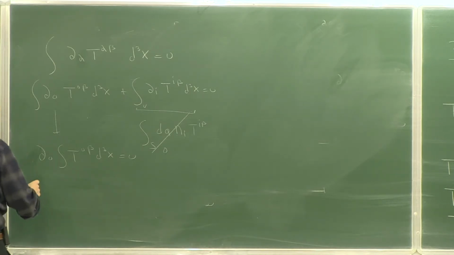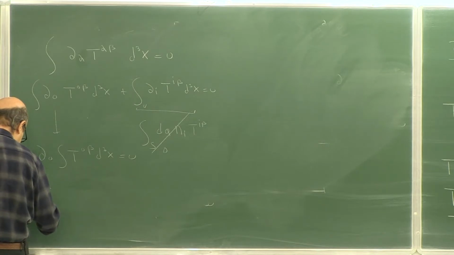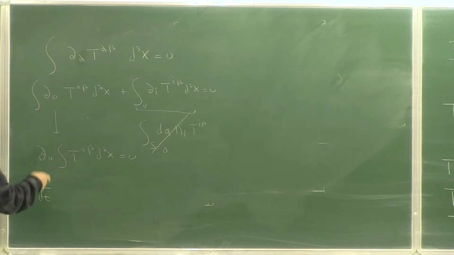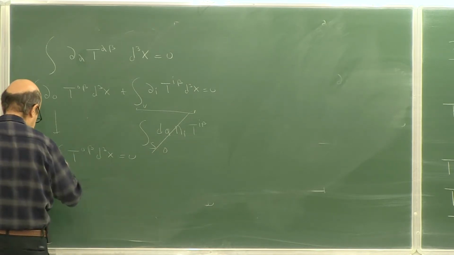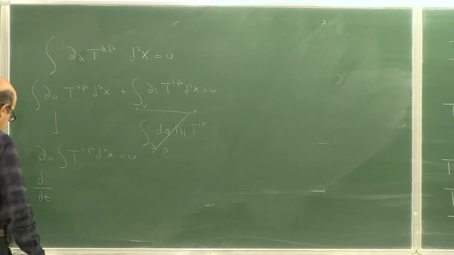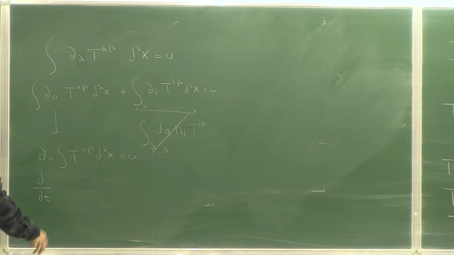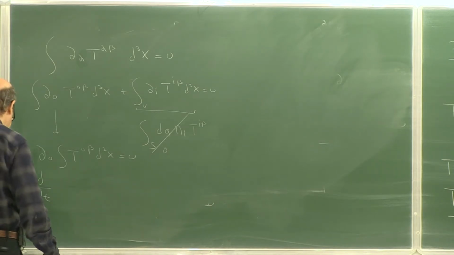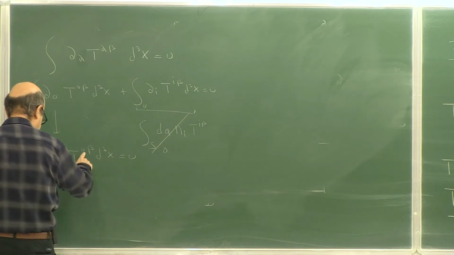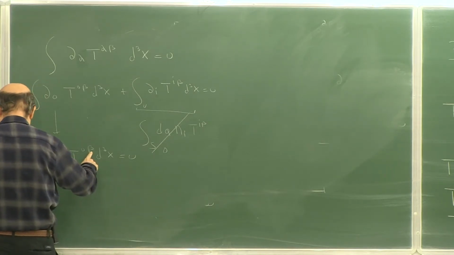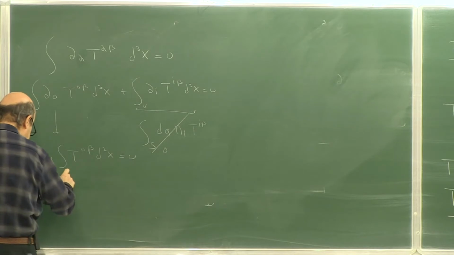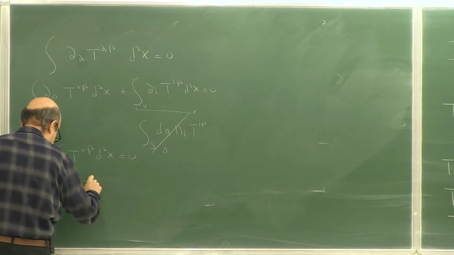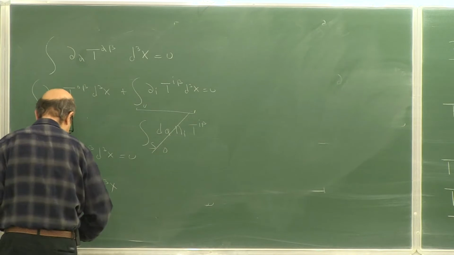You can write the exact derivative, d over dt, because del over del 0 is nothing but del over del t. But if you take this volume integral, the only derivative is the time derivative, so you can replace it with the exact derivative. And if you open this for the 0 element, that is T00 d cube x.